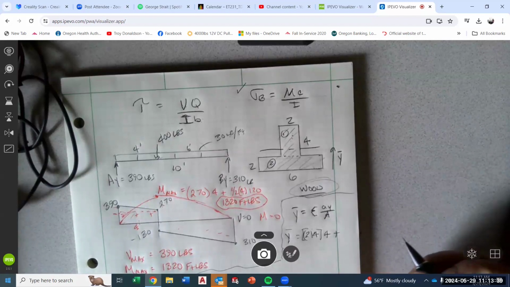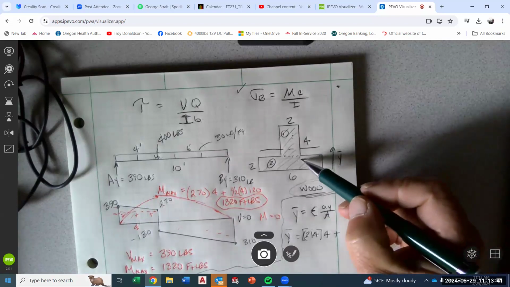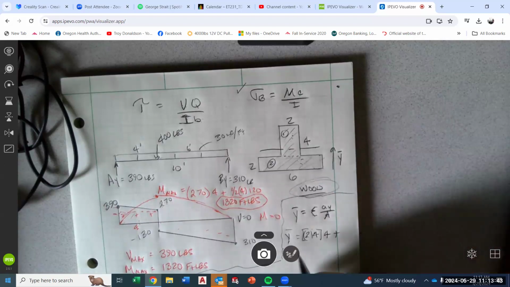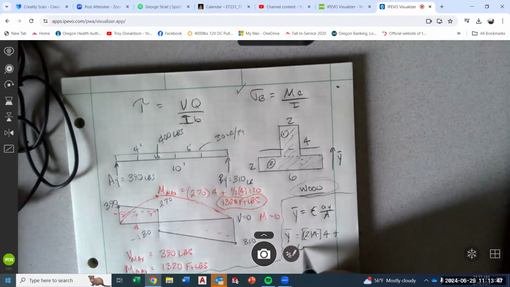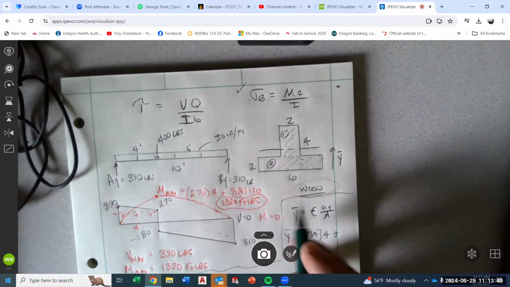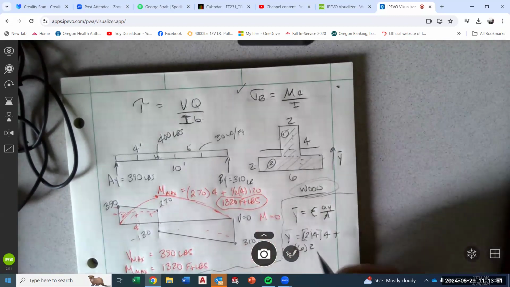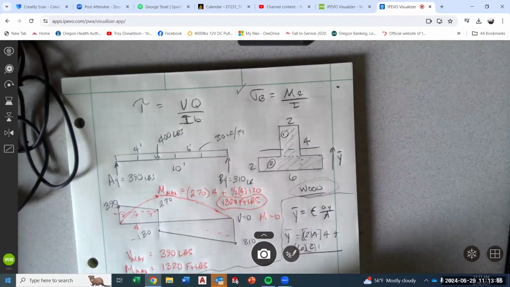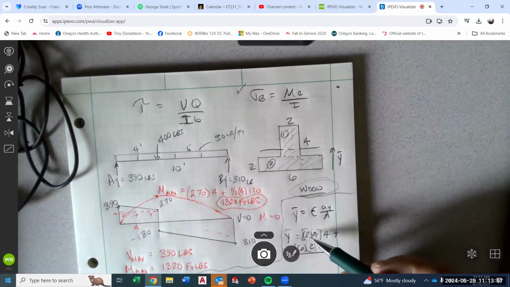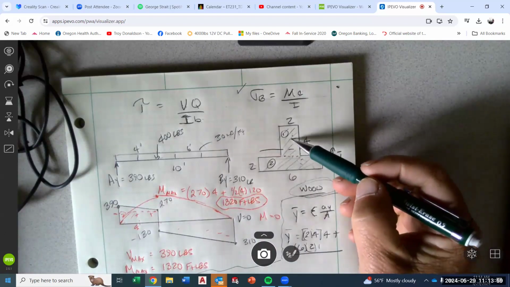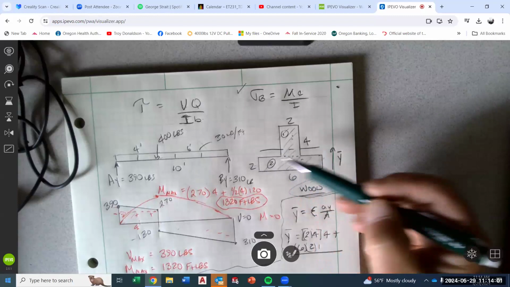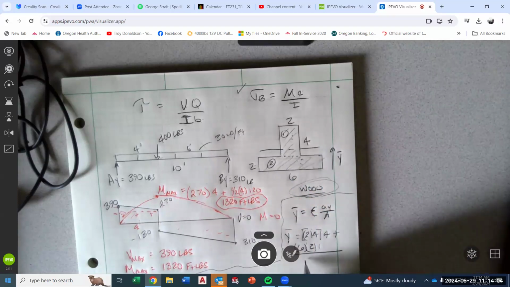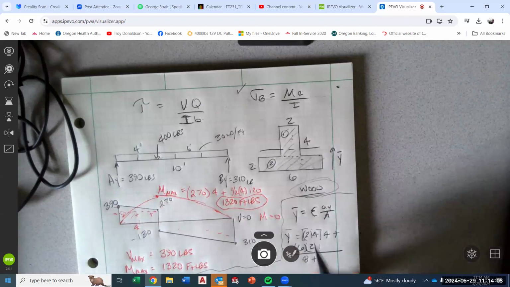Plus, we need the A2 and Y2. So I'm just going to kind of list it out here. A is 6 times 2, and then the Y distance is 1. And all of that is over the total area. 2 times 4 is 8, 6 times 2 is 12, so it's going to be 8 plus 12.